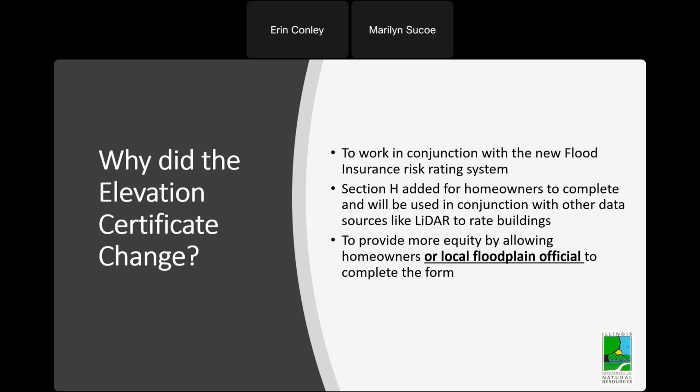So they have topographic information throughout the United States. They just have a lot of other information that they can use to make better premium determinations.